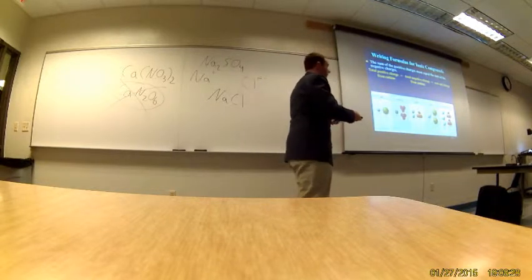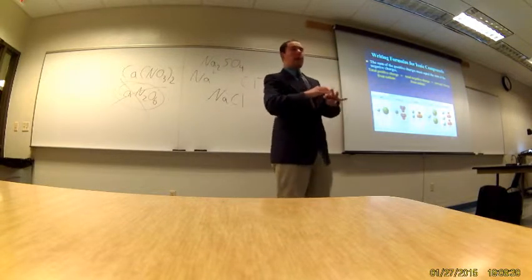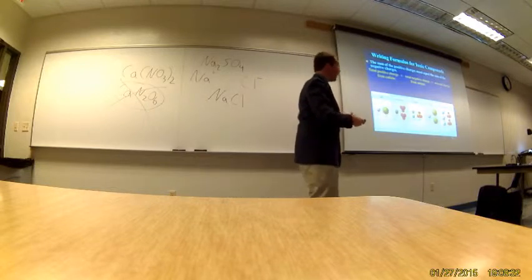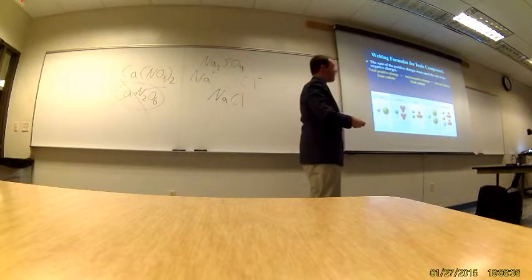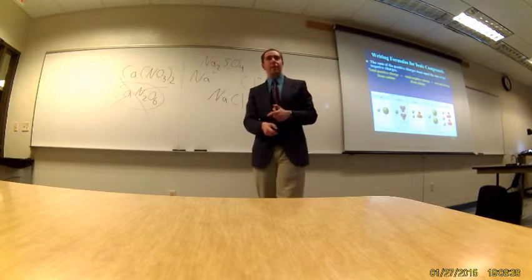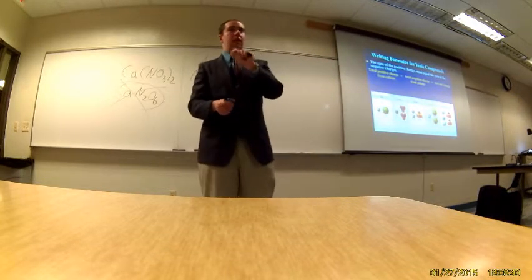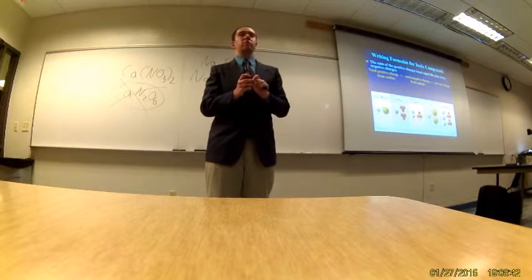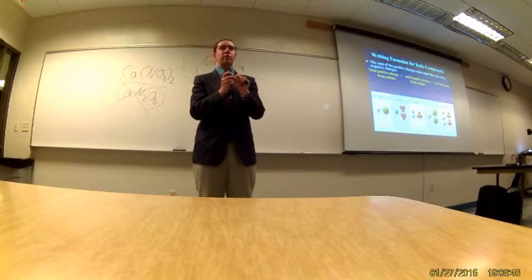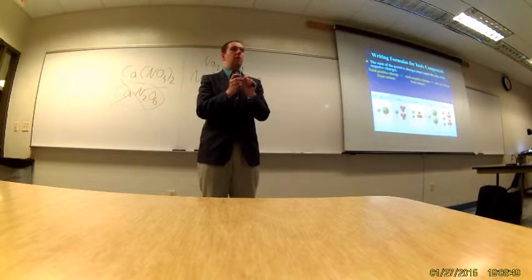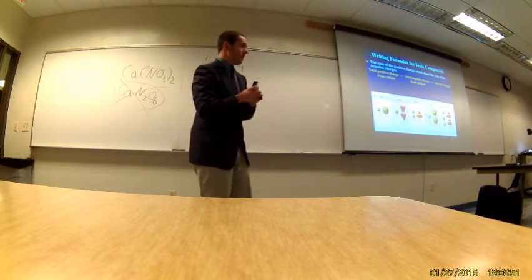And then a more complicated situation is here we have barium that's +2 and phosphate that's -3. If I have 1 phosphate and 1 barium, is that balanced? No. If I have 2 bariums and 1 phosphate, is that balanced? No. So now what do I do? Okay. 3 bariums, 2 phosphates. Right.